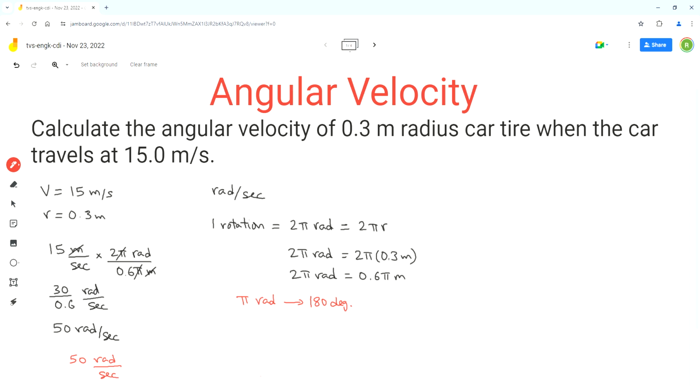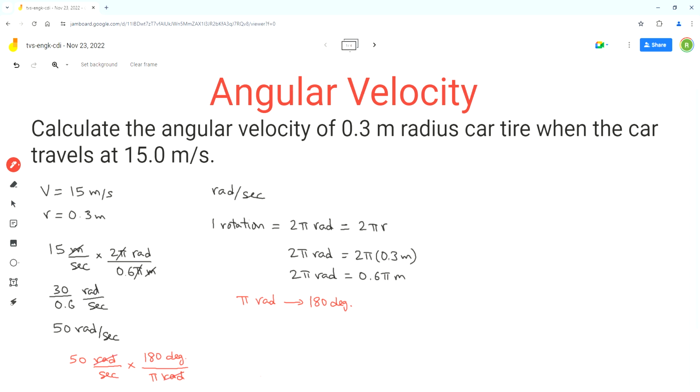So we should multiply 50 radians per second by 180 degrees over pi radians. We keep the pi radians in the denominator because we want to cancel out the radian unit.